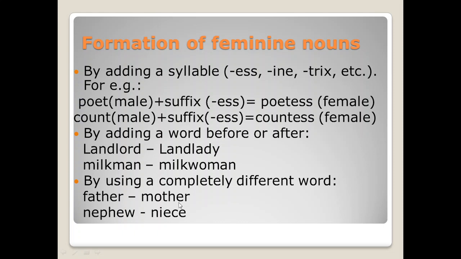For example, father and mother, they look different, although we know that they both symbolize gender. Father is male, mother is female. Nephew, niece, so these are different words, but they represent the opposite gender. Thank you. I hope you have understood something from this slide.